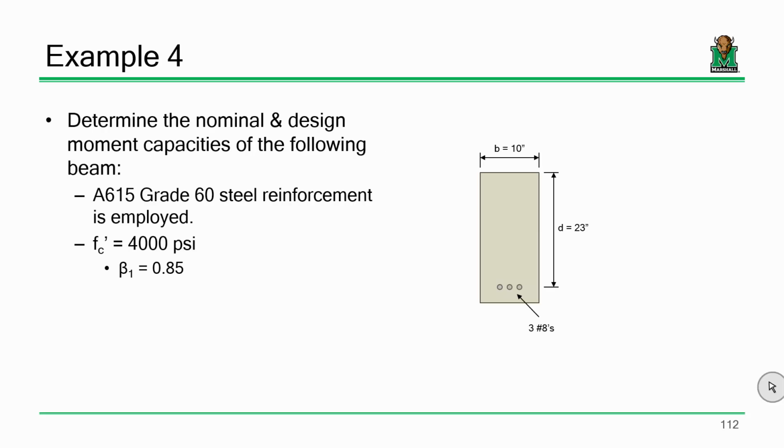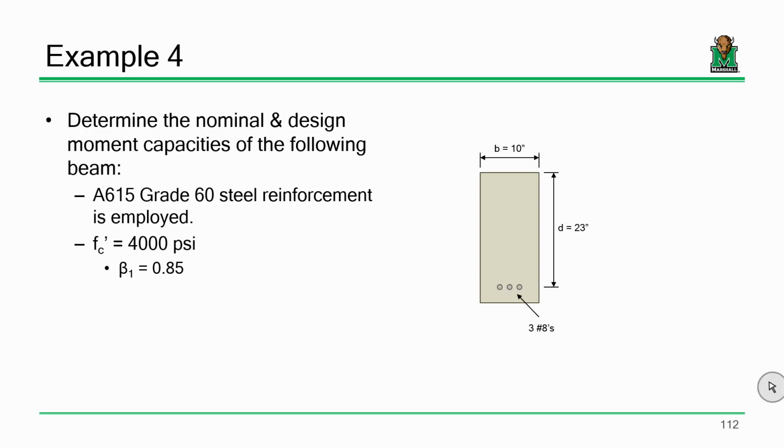But real quickly, just to recap some of these ACI requirements. Before we get into that, one of the big things I want to make sure you understand is this: if you're given a beam, dimensions, area of steel, material properties, what have you, you can take this information and compute Mn, the nominal moment capacity, and you understand the Whitney stress block model. That is very important. And if you don't understand that, please make sure you're asking questions.